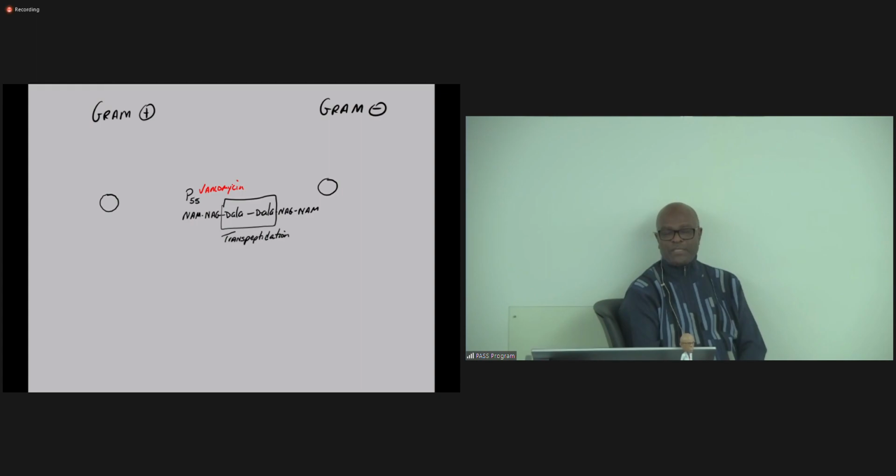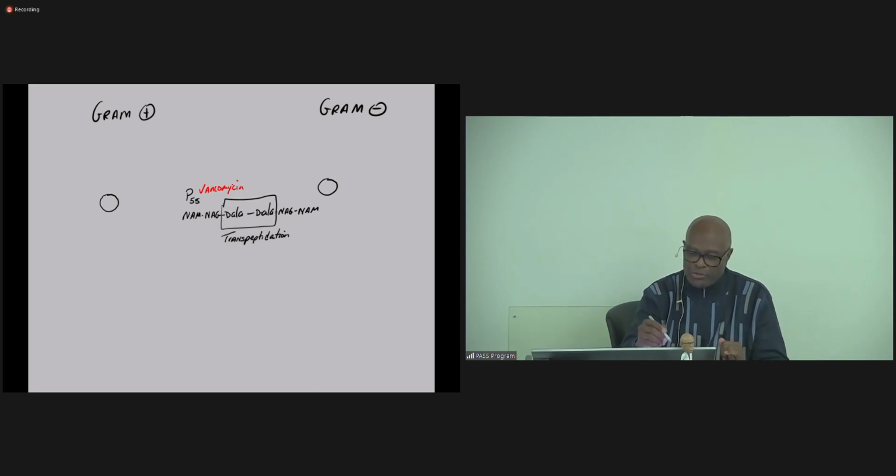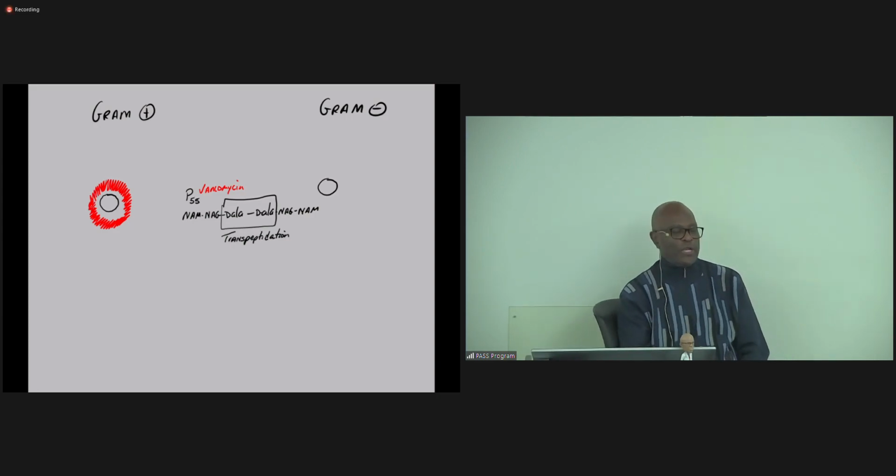So vancomycin is the most effective gram-positive antibiotic out there. Why is that? Because gram-positives have a very thick peptidoglycan wall. See that? Things just got to make sense for you to remember it. 40 layers thickness, minimum. That means it can be 80, 90, who knows?